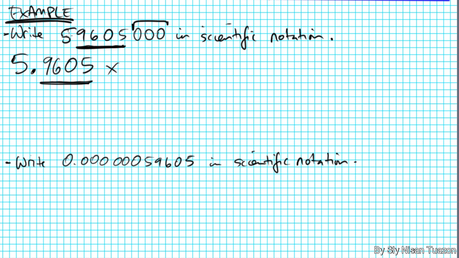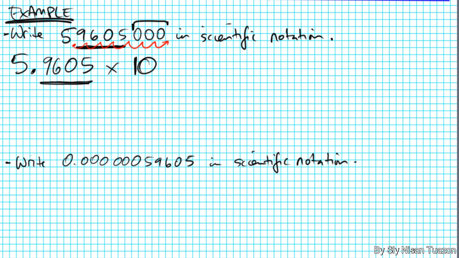Now I need to give it the power of 10. All you need to do is see how many times the decimal place jumped. Where do I have the decimal place now? It is here on the original number. How many times did that have to jump? 1, 2, 3, 4, 5, 6, 7 times.